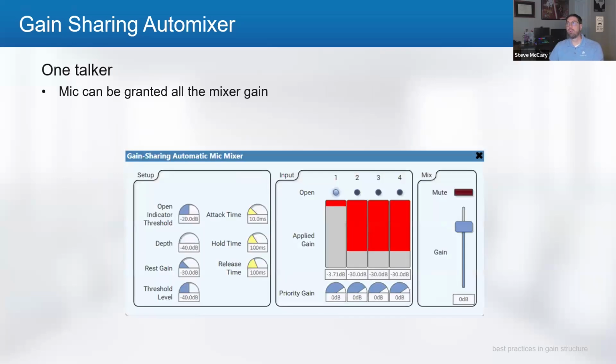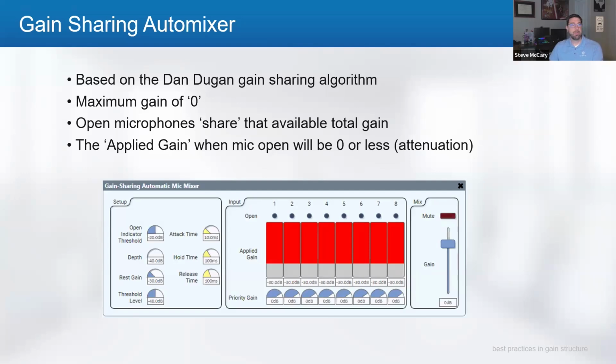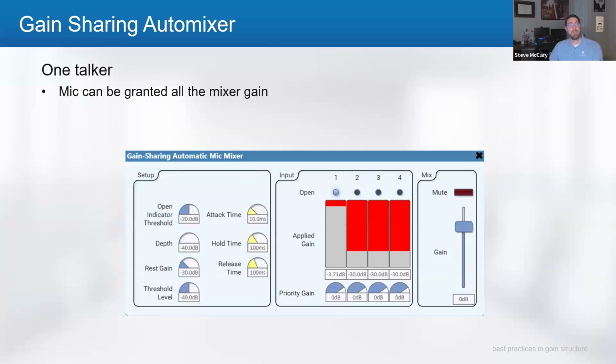And then as people start talking, they get gain back. These are less common for being used in conferencing systems. However, there are always times when you may want to use a gain sharing instead of a gating.